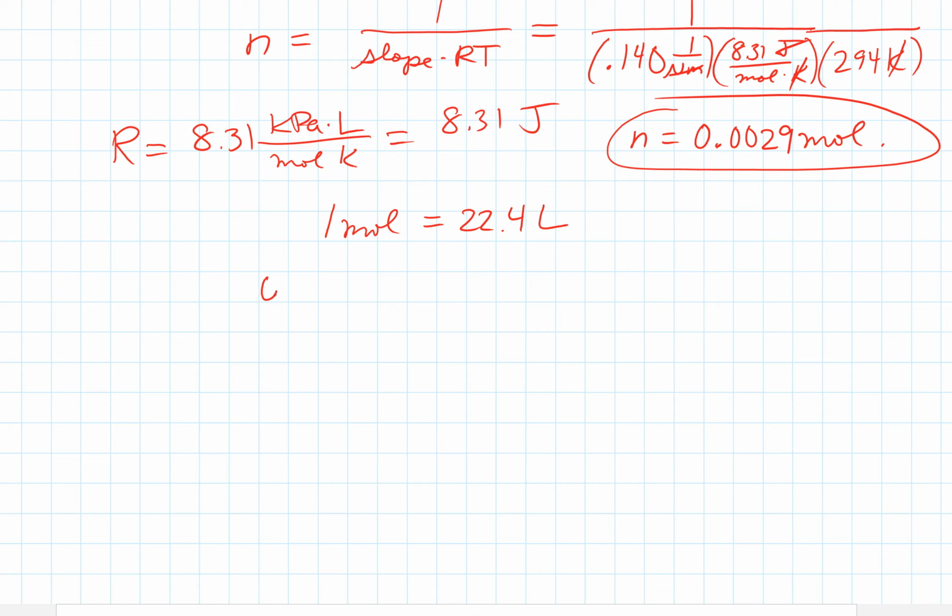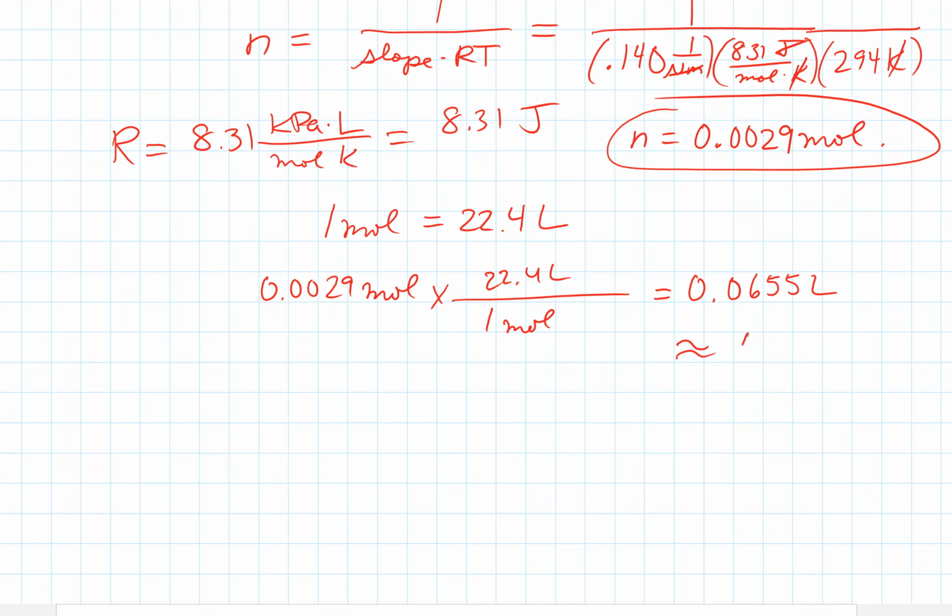So what we can do is work backwards from the number of moles and say that if 1 mole is 22.4 liters, then I can predict that this group that I've used the numbers for had a starting volume of 0.0655 liters, and that's about 66 milliliters. Now, I actually had this class earlier today, and they told me that they actually started with 60 milliliters. So being off by 10% doing all these calculations is pretty good.